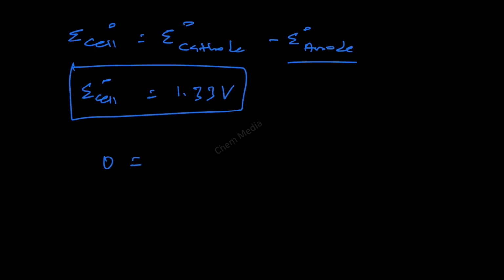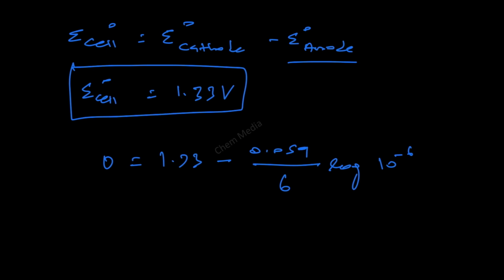Therefore, 0 is equal to 1.33 minus 0.059 divided by 6, because 6 moles of electrons were involved in the reduction process, times log 10 to the power minus 6. Why 10 to the power minus 6?